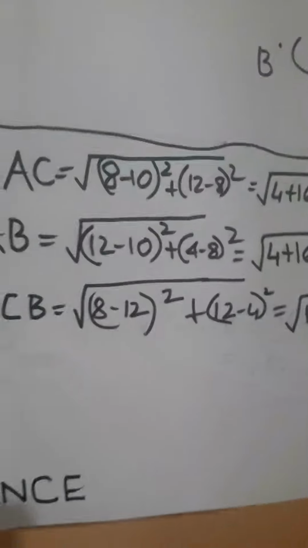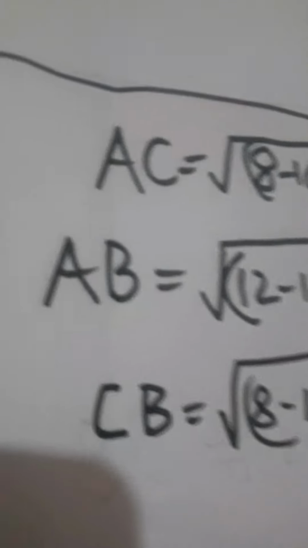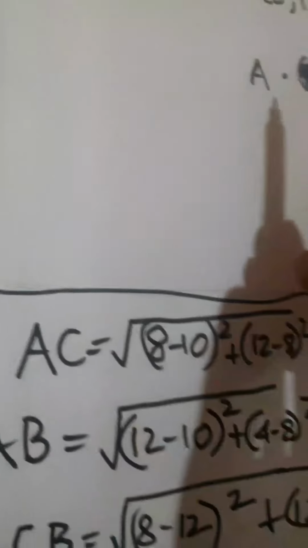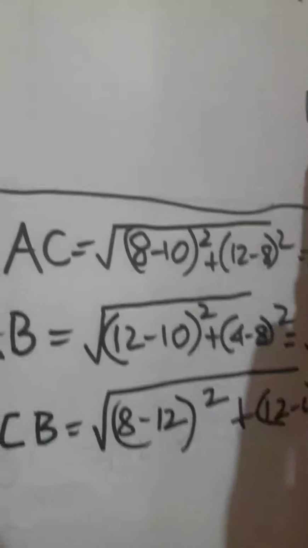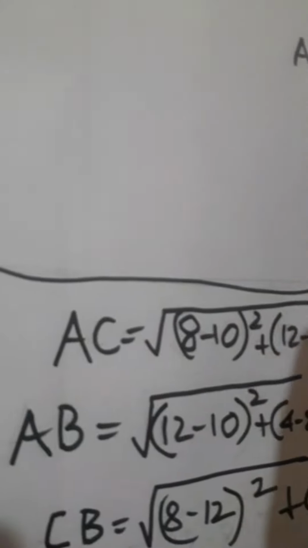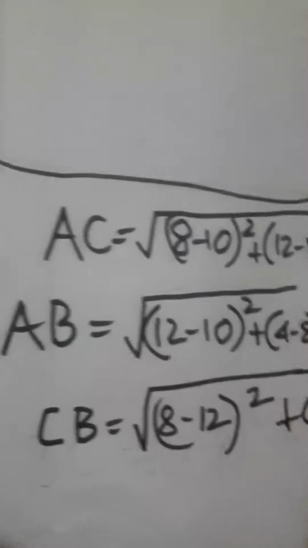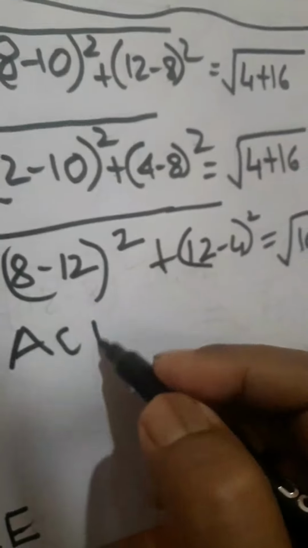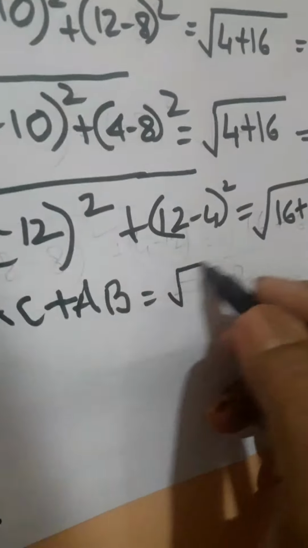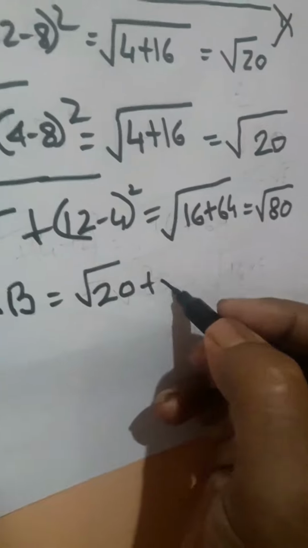Now we shall go on adding. We shall find out whether AC plus AB, these two sides, if these points are non-collinear, then these are two sides of the triangle. So AC plus AB, the sum, will be equal to root 20 plus root 20.